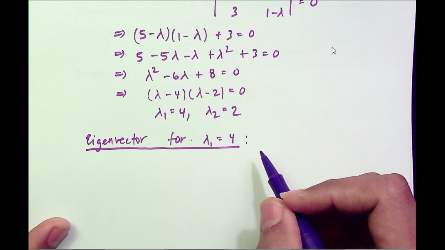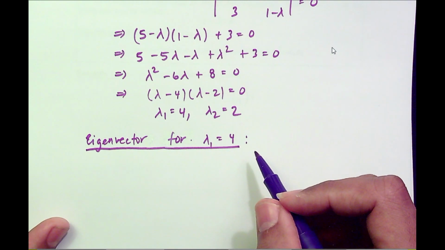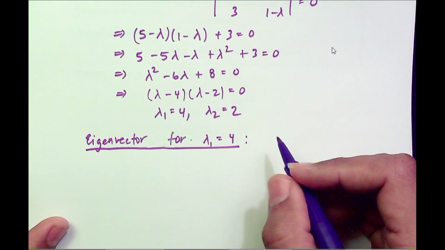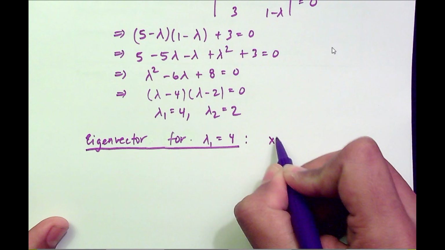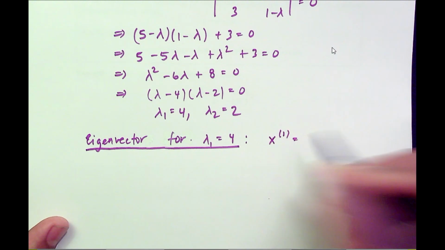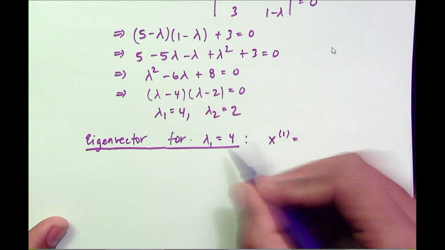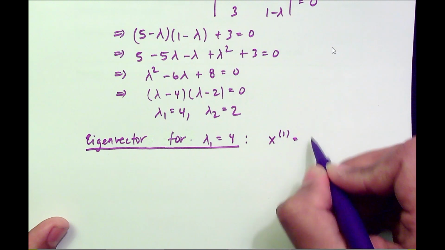So if you go through the process, and again, try to do it on your own, you're going to find that the corresponding eigenvector for lambda 1 equals 4 is 1, 1.